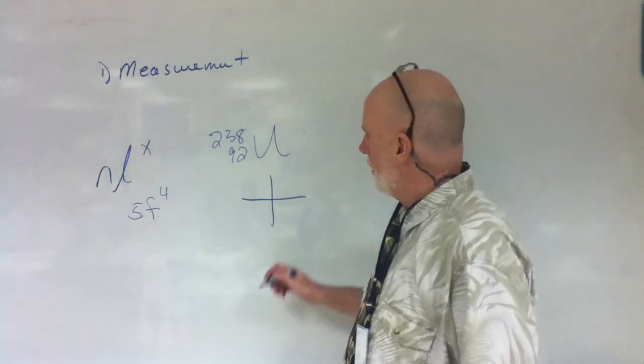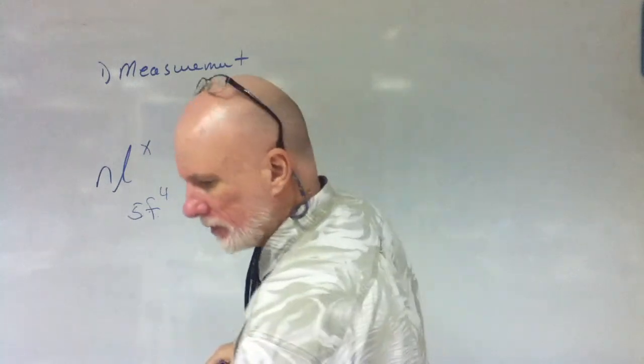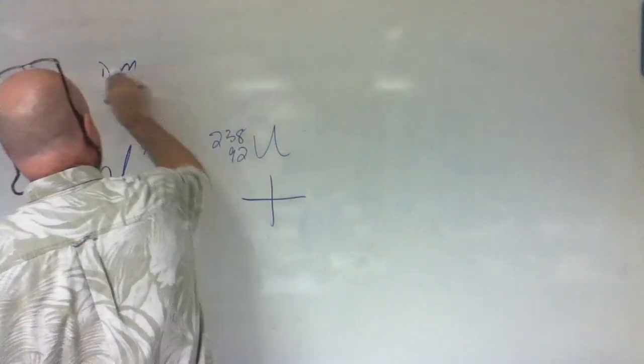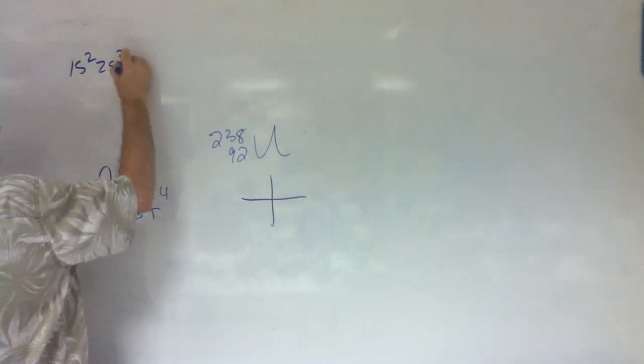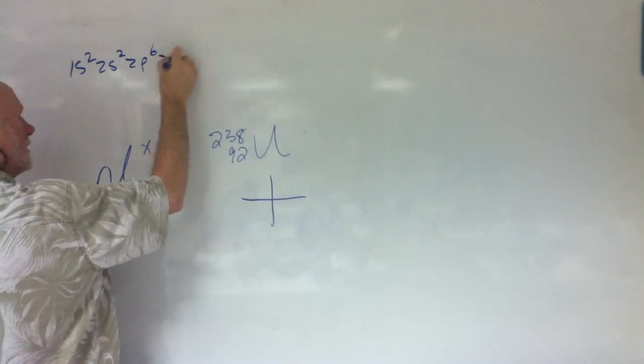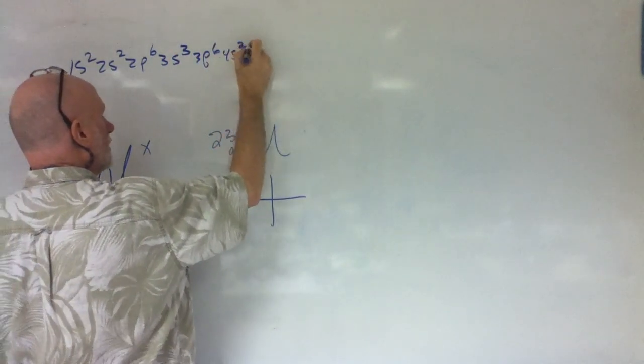Okay, so what is the long form electron configuration going to be? 1s2, 2s2, 2p6, okay, along with me, 3s2, 3p6, 4s2.